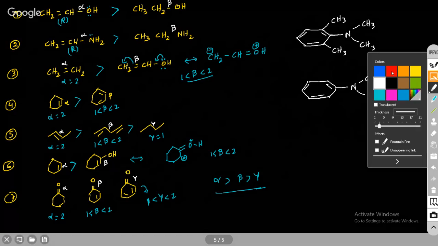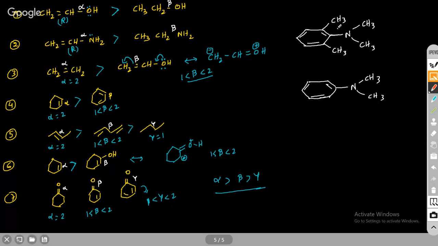You have to compare these two. This is alpha, carbon nitrogen bond, and this is beta. Bond order, bond strength, bond length.